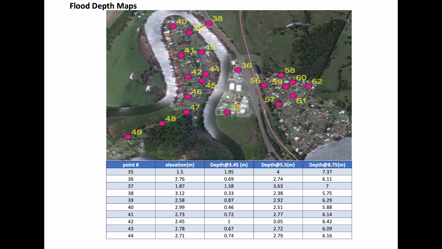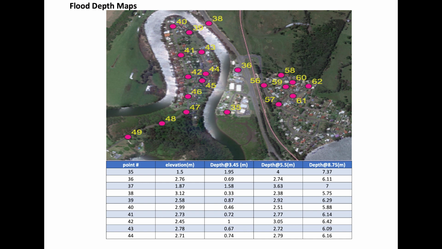So there are quite a lot of points. What you'll see in this column in the table between the two maps is the point data. It corresponds to the numbers on the map and the points. The columns going across are the elevations. So this is the elevation above mean sea level.